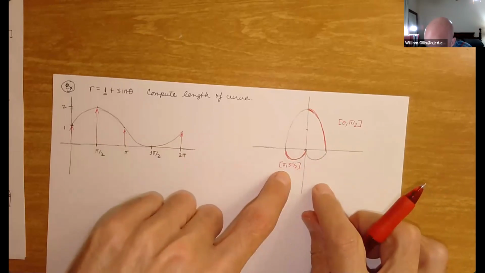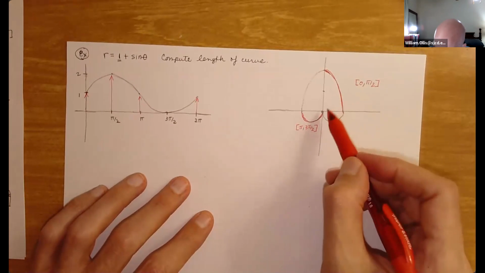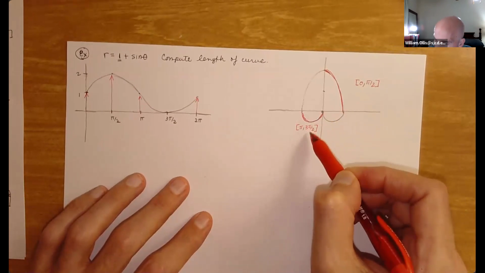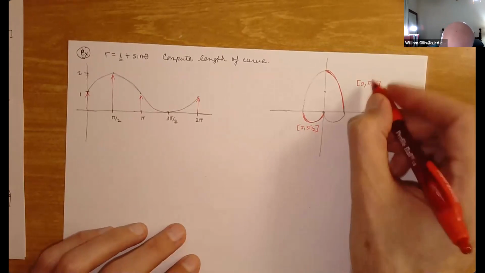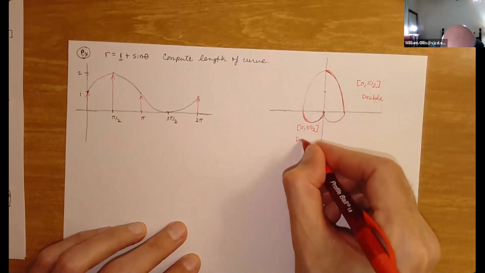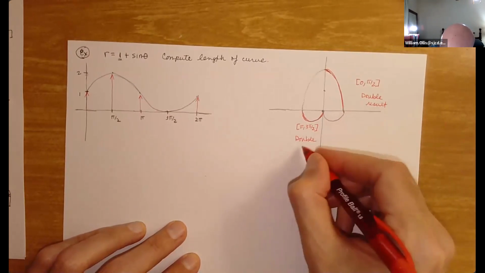And just double this and double that, and you'll get the entire curve. That way you don't have to worry about messing up here. These are maybe a little bit easier values. So again, we can double, double, and double. So that would be a game plan.